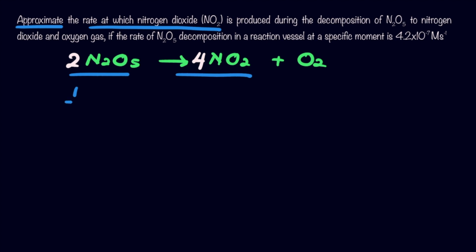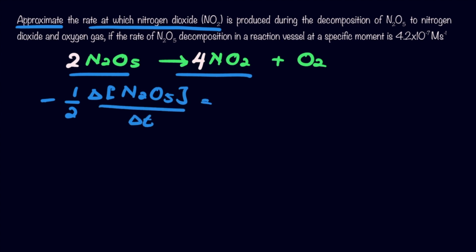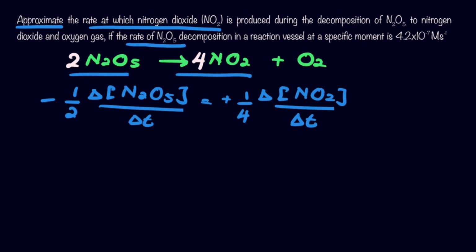Alright, so the rate expression is going to be negative 1/2 delta concentration of N2O5 over delta t, because this one needs to be negative as it is on the reactant side, is equivalent to positive 1/4 delta concentration of NO2 over delta t.